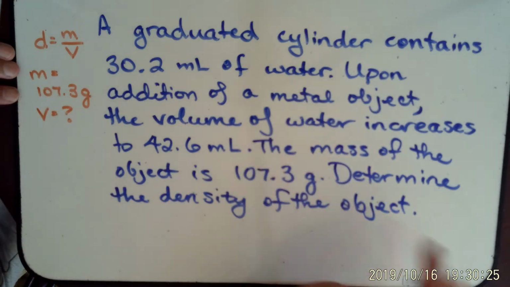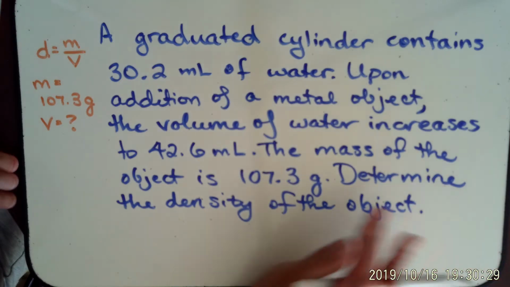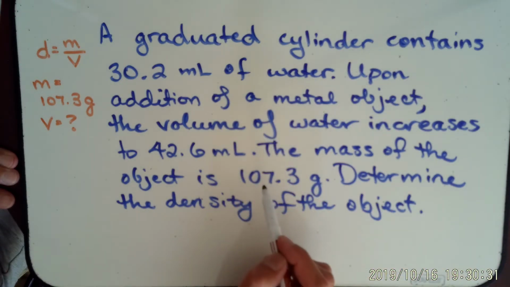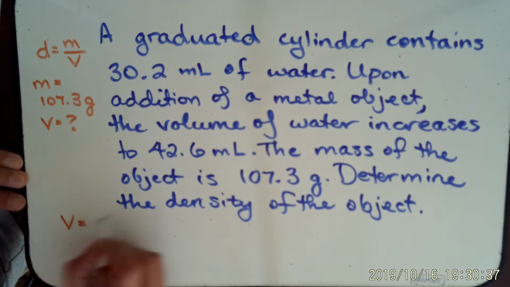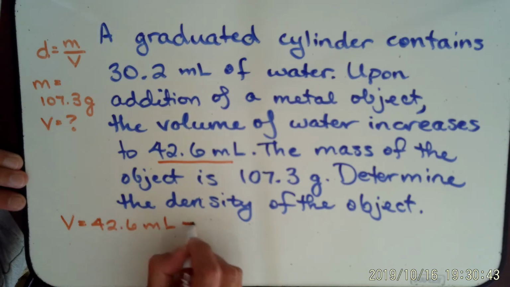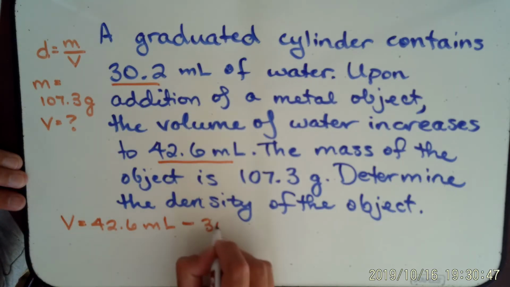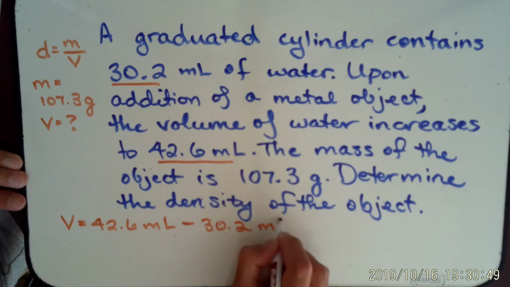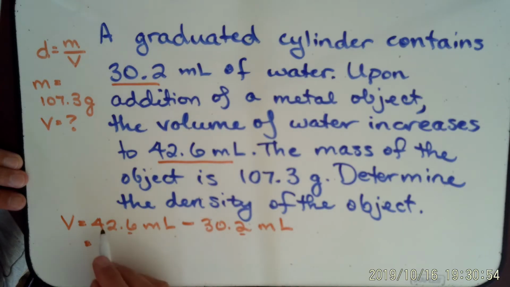So what we did here, when you read what we've done experimentally, we're doing volume displacement. So the volume is going to be equal to our final volume minus our initial volume. And since they're both to the tenths, we know we're going to be going to the tenths.